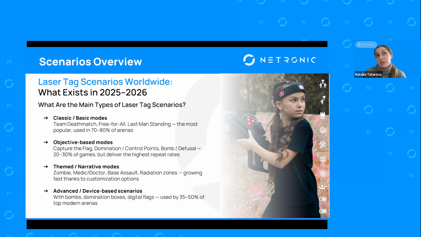These make up 20 to 30% of the games, and their impact is a bit bigger because here the players have a clear goal. They're not just shooting and running all over the place. They're stealing, defending, coordinating, making decisions. So basically you're giving some kind of strategy to the players. They incorporate it into the game, and that becomes more interesting.